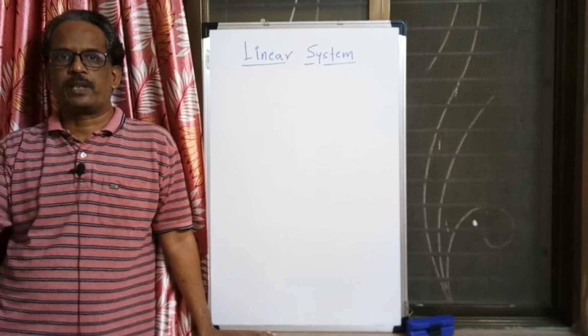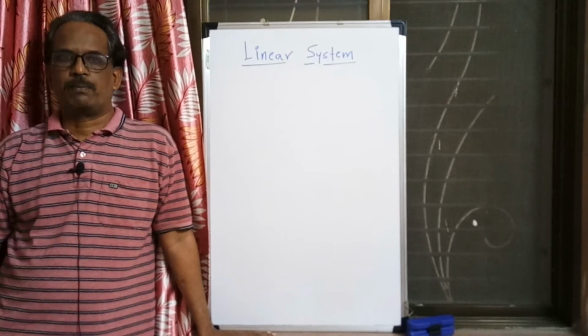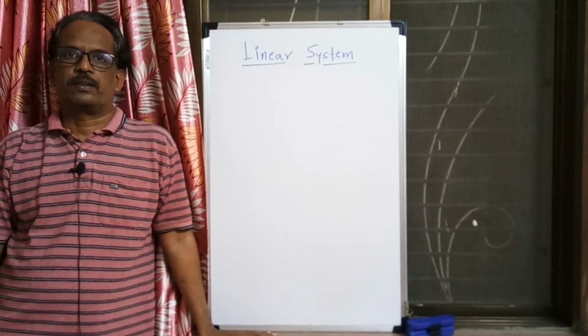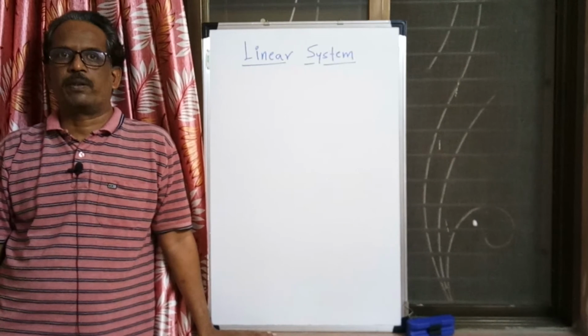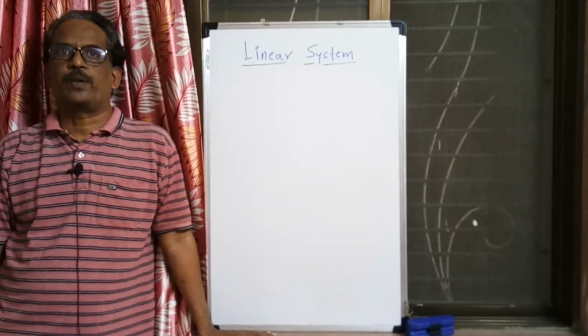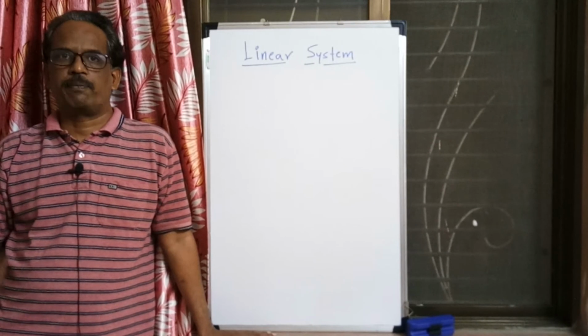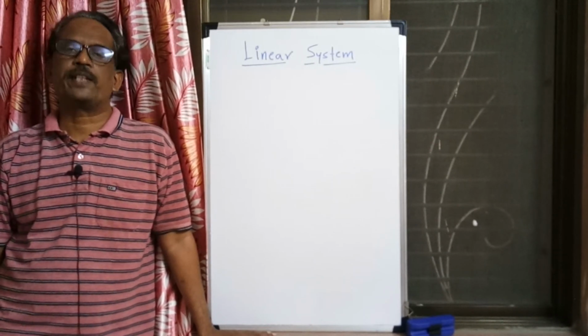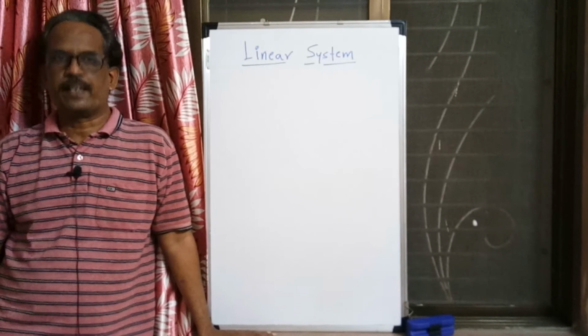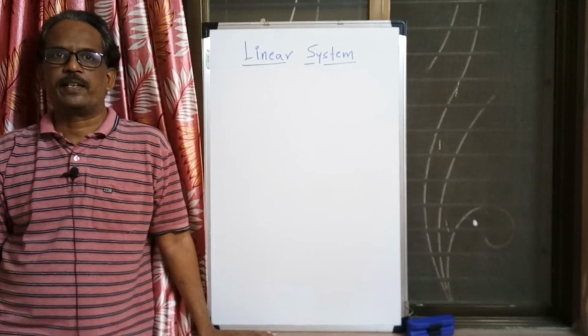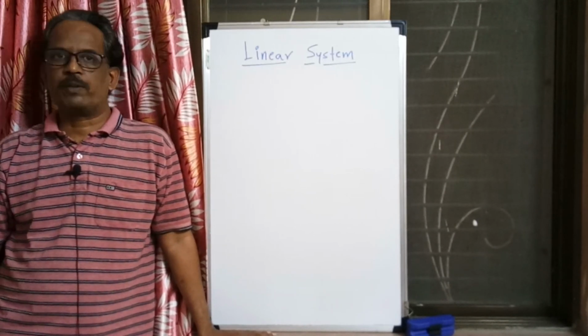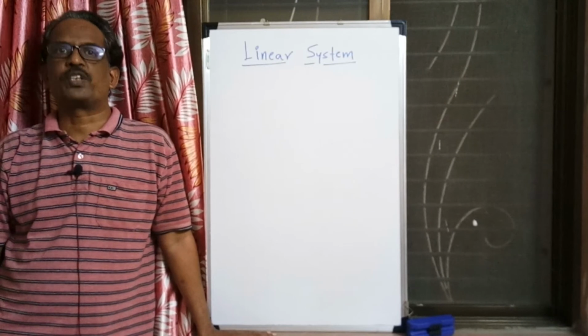If we know the system is linear, many mathematical issues become clear whenever we take into account this linearity property, because linearity is one property and based on linearity so many solutions are there.